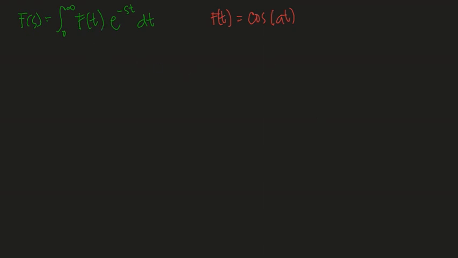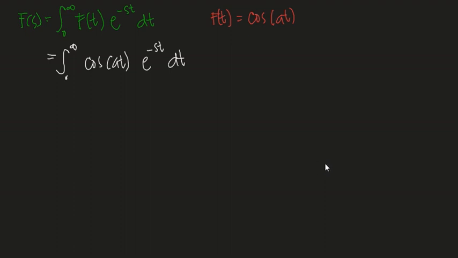So this is equal to the integral from 0 to infinity of cosine at multiplied by e raised to negative st. Okay, so this is now our equation.